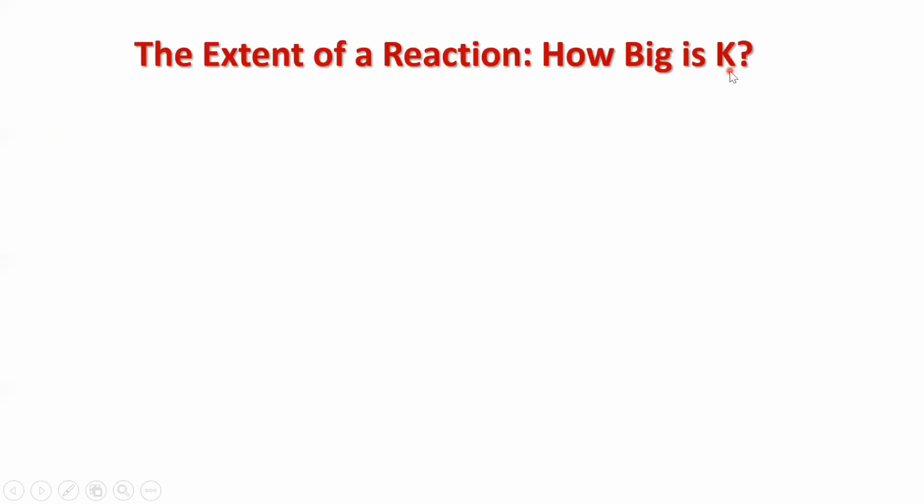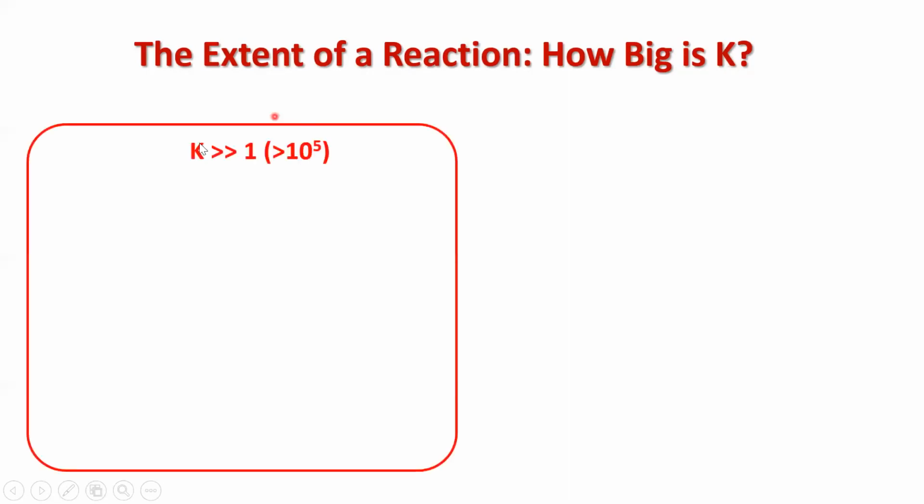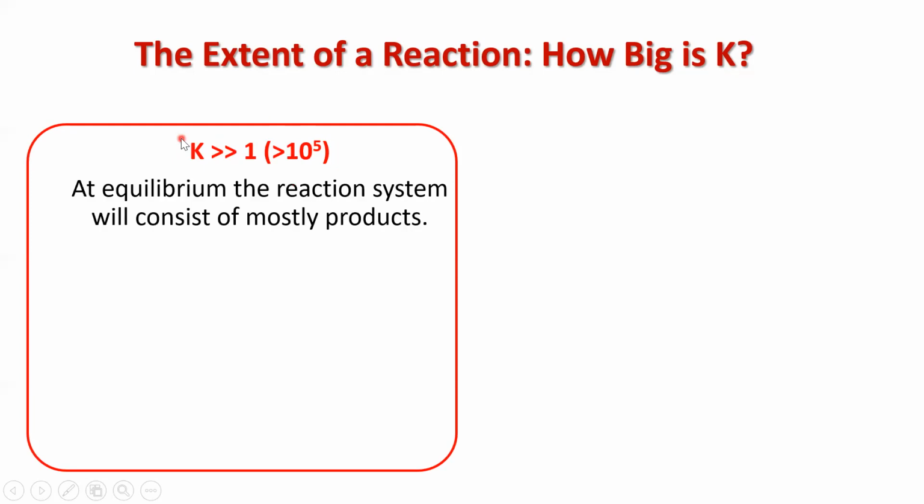What does K actually mean? K is an equilibrium constant. And if K is a really big number, like 10 to the 5, which is a really, really big number, it means that when the reaction reaches equilibrium, it's mostly product, which means that the reaction proceeds to produce a lot of product and consumes almost all of its reactant before equilibrium is reached.